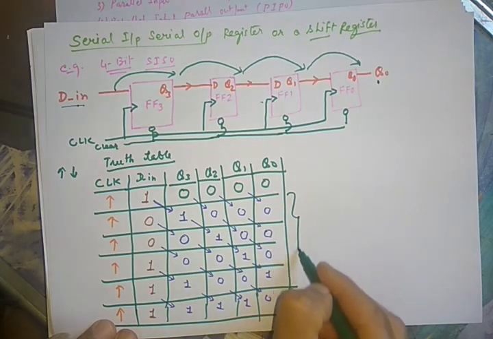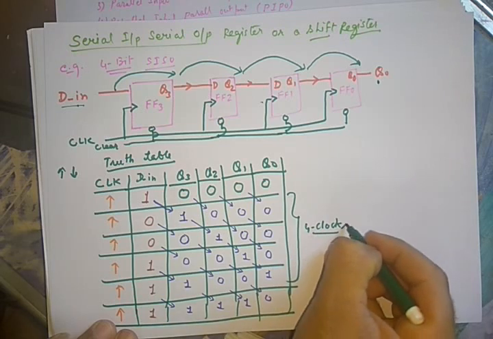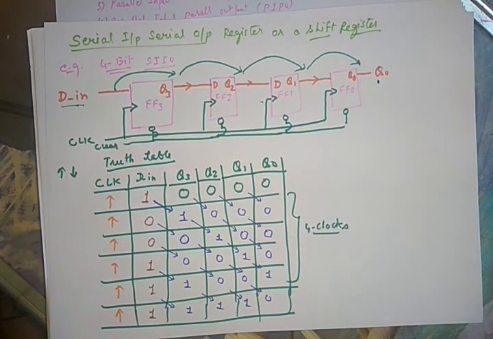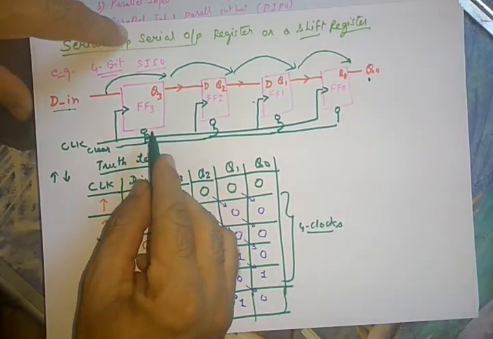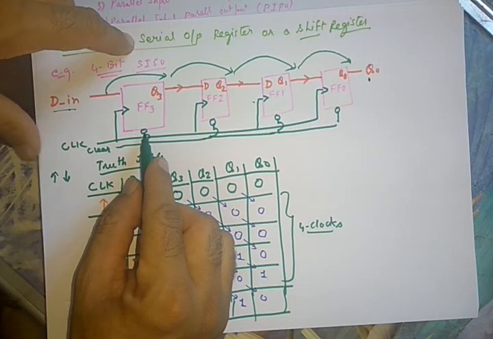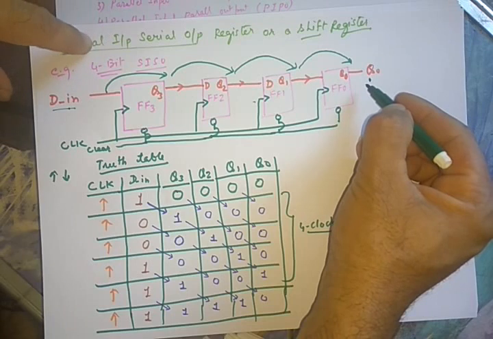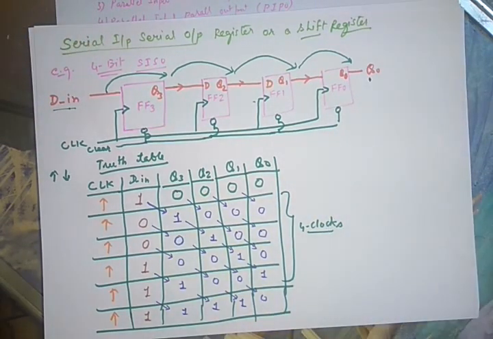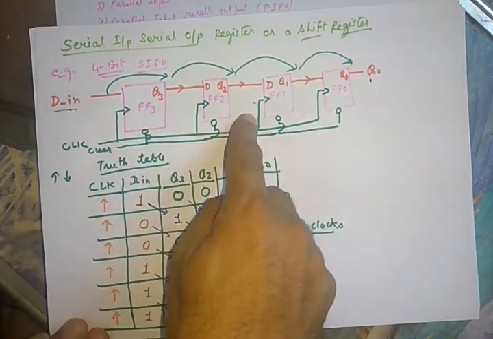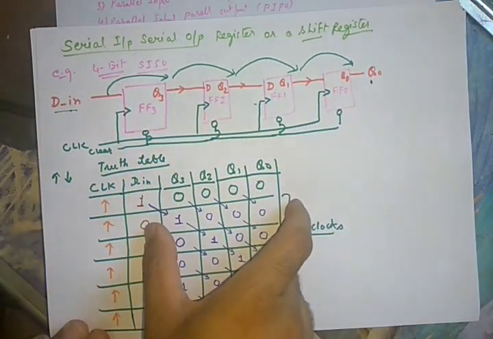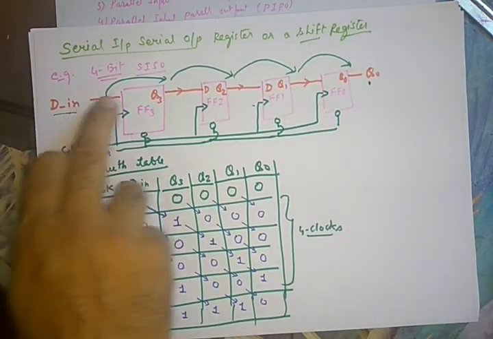And these are the 4 clocks. Okay, so it requires at least n number of clocks to receive output at the output pin. In this example, we have considered a 4-bit flip-flop, so it requires only 4 clock pulses. Okay, and data is moving serially from input to output.